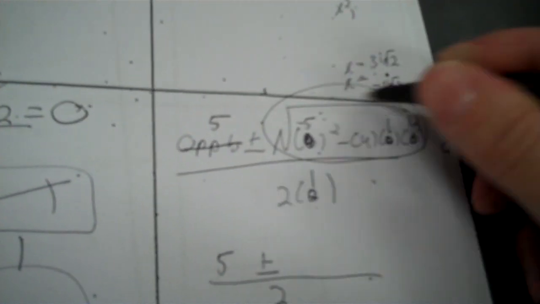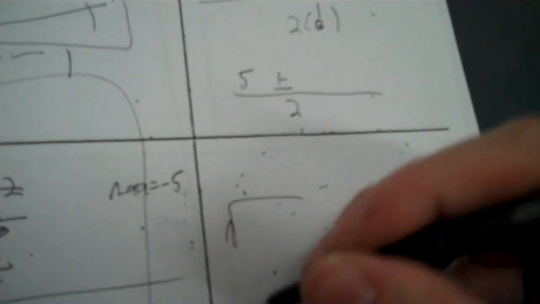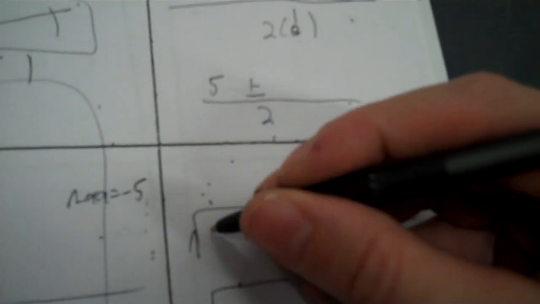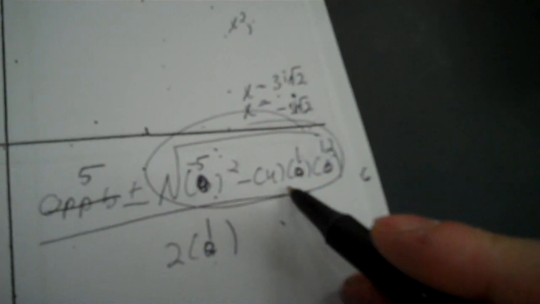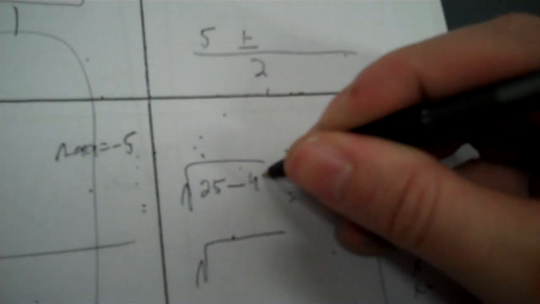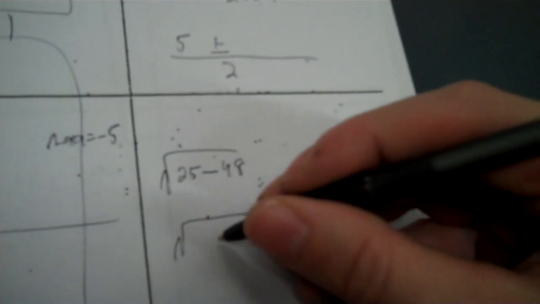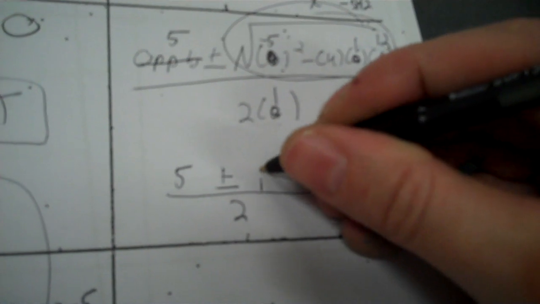Now let's evaluate the discriminant. Negative 5 to the second, that's negative 5 times itself, that's 25. It's never negative. 4 times 1 times 12 is 48. That's negative 23, okay? With the negative square root, we extract i, and we just put i up here with the square root of 23.